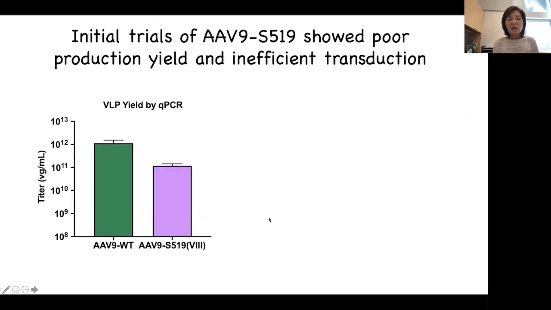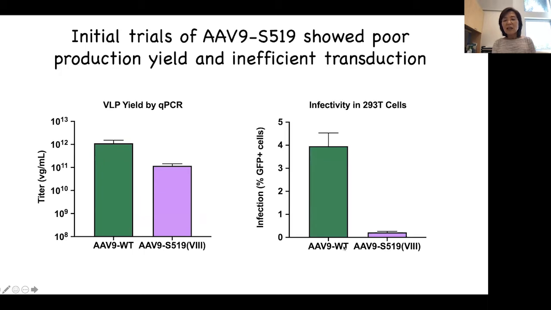The first experiment was so disappointing that we almost ended this project. Even if the transduction efficiency is increased, if your vector yield is reduced significantly, it's no use because the cost goes up. The yield was reduced, and at the same vector genome, the infectivity was even more reduced.